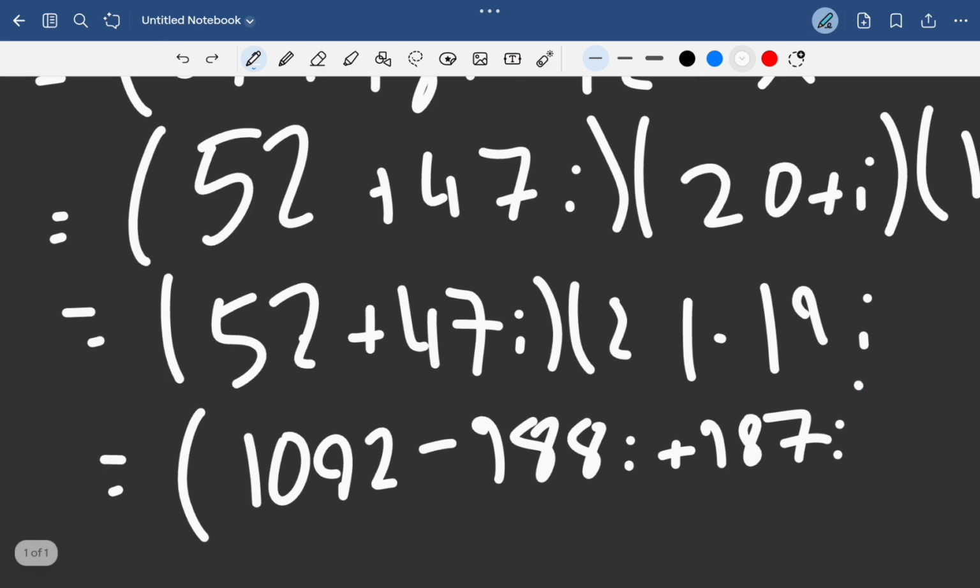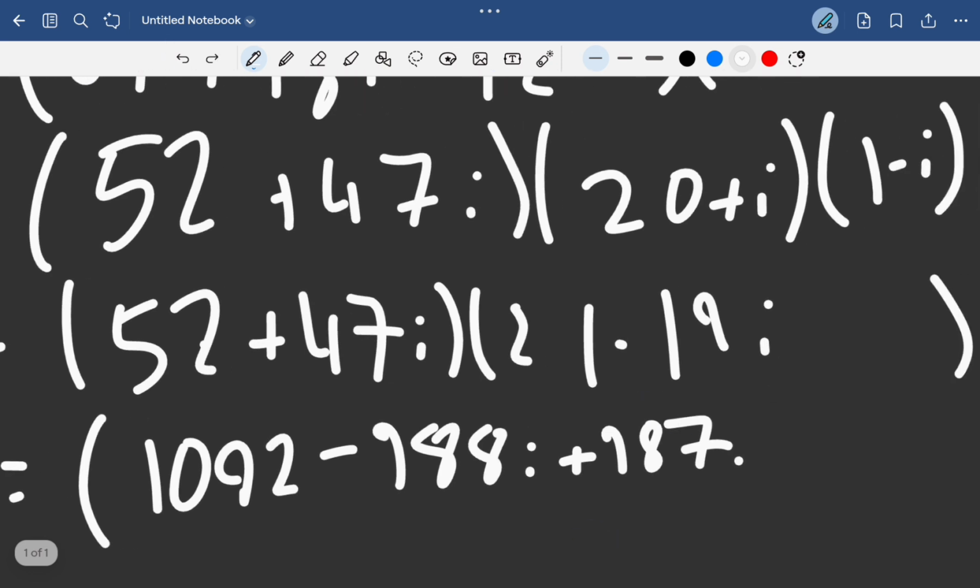And then last part, 47 times minus 19i. So 47 times 20 is, hold on, did I do that part? No, I didn't. Okay, so 47 times 20 is 940. Minus 47 is going to be 800. Oh no, it's going to be 900 minus 7, which is plus, because the I times I makes a minus, minus 1, minus times minus makes a plus.